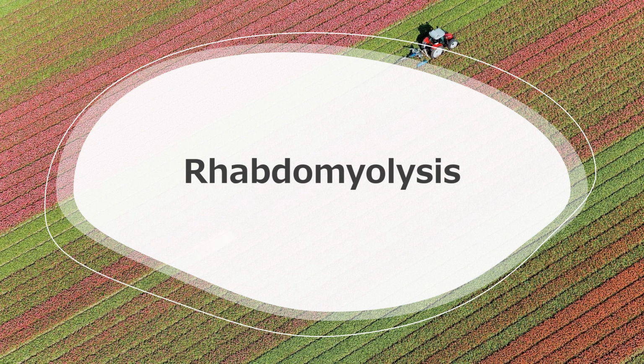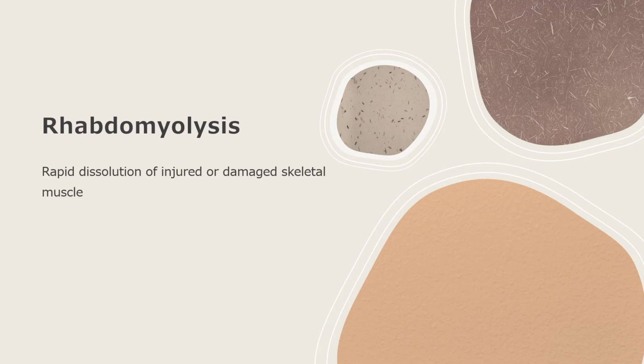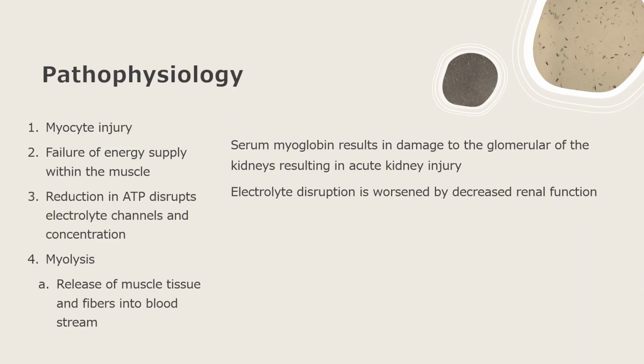Okay, so rhabdomyolysis. Rhabdomyolysis is the result of some sort of skeletal muscle injury. So we have a myocyte injury, which is our muscle cells, which is going to result in a failure of energy supply within the muscle.